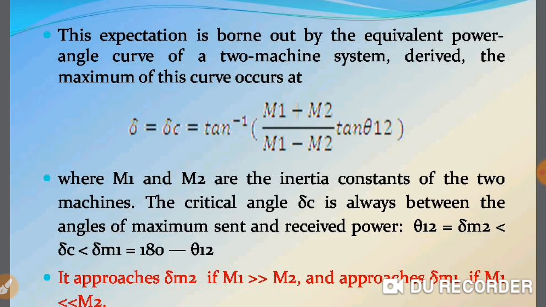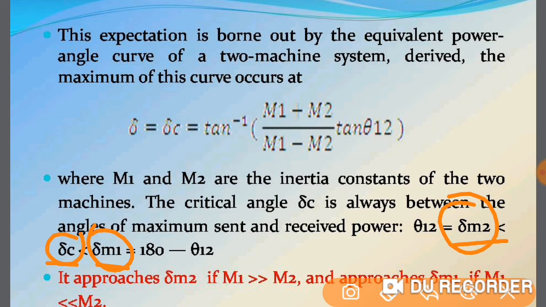So that is why we can say now theta 12 will be equal to what? It will be equal to del m2, which is the lowest angle. Del c should be lying between del m2 and del m1, where del m1 is the maximum value and del m2 is the minimum value. Del c lies in between these two, and this value is neither nor equal to theta minus 180 minus theta 12.